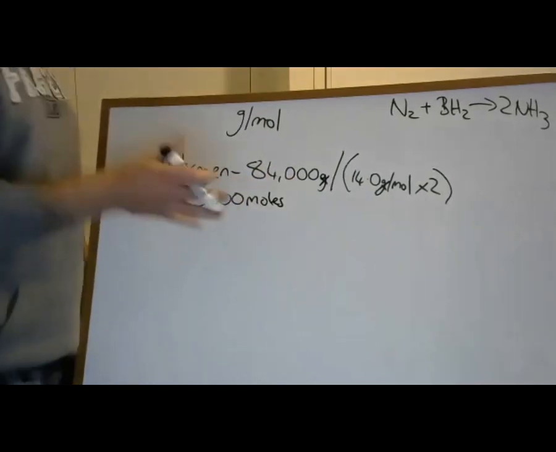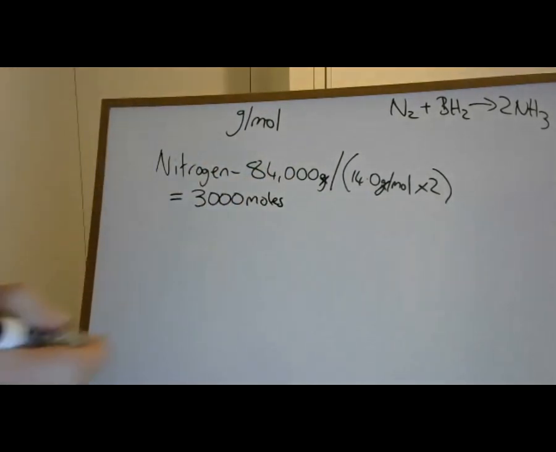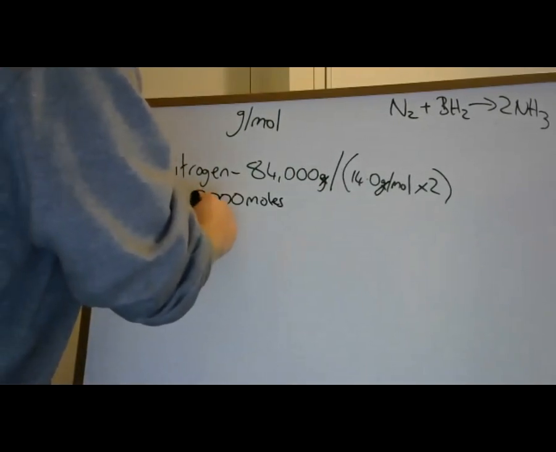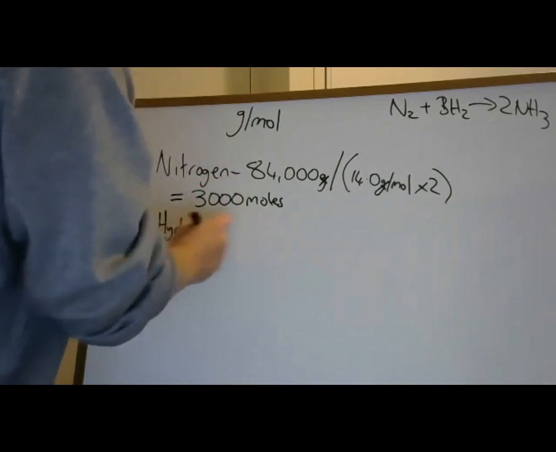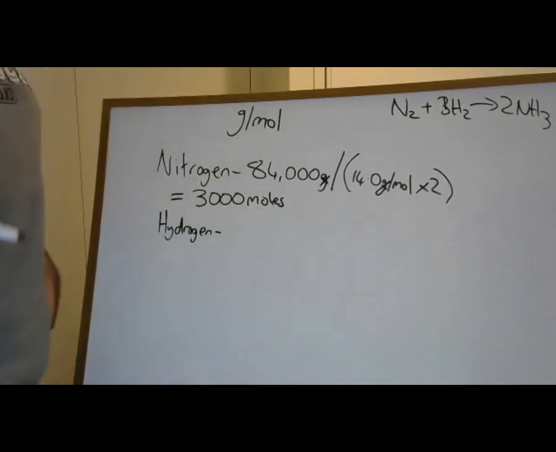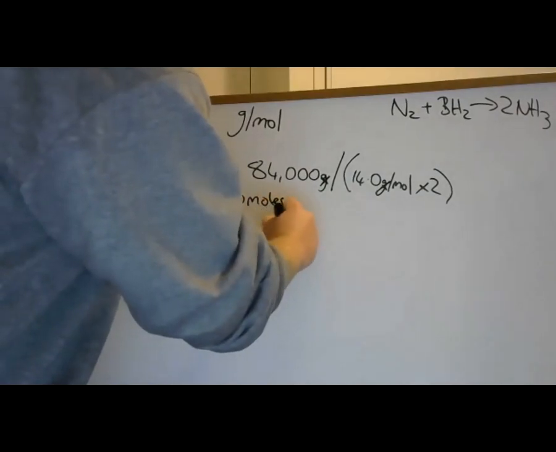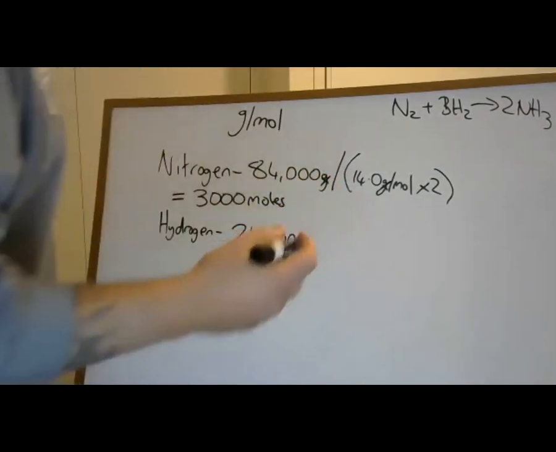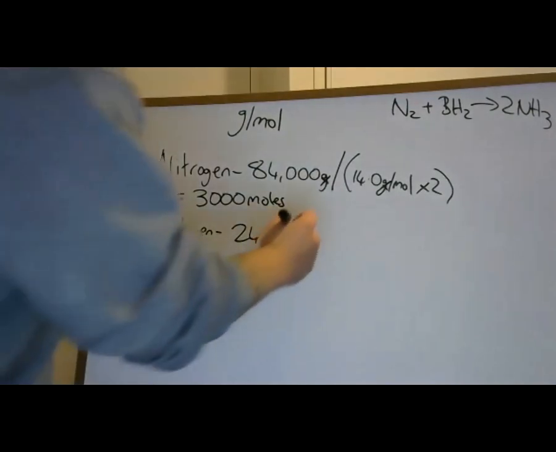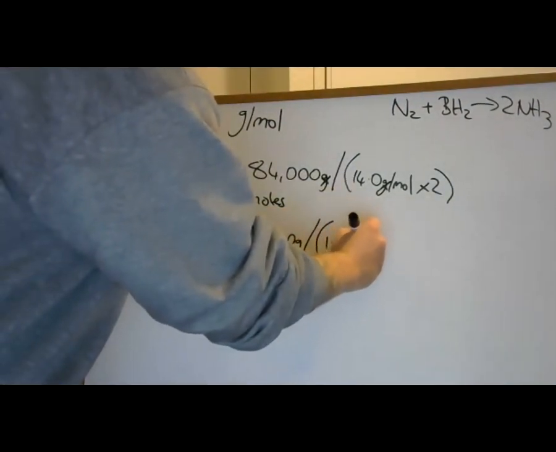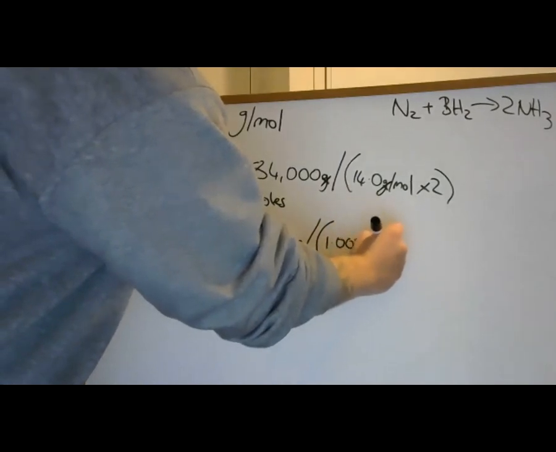And I hope this makes more sense in the next step. So now we need to find out how much hydrogen there is. So we have 24,000 grams of hydrogen. And we need to divide that by the grams per mole.